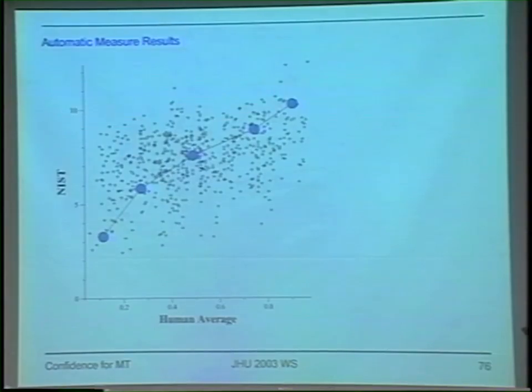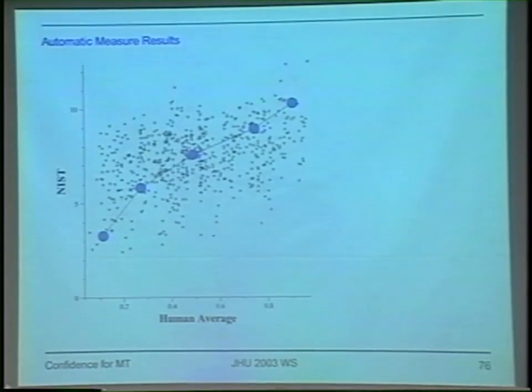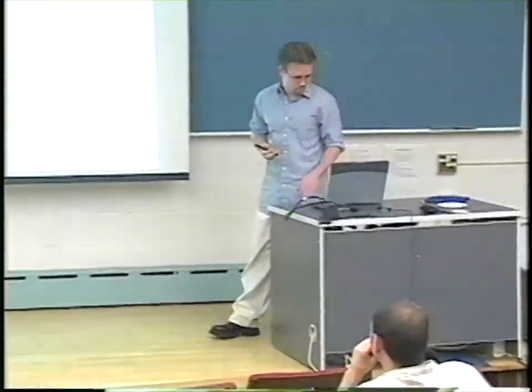And this is the effect that has been reported on, that NIST and BLEU correlate well with human judgments. They do if you take averages over large numbers of sentences, over a document, over time. But effectively what we've seen is that for sentence level, they really don't. And this is a problem, and this is what we've heard all day, to reiterate that.